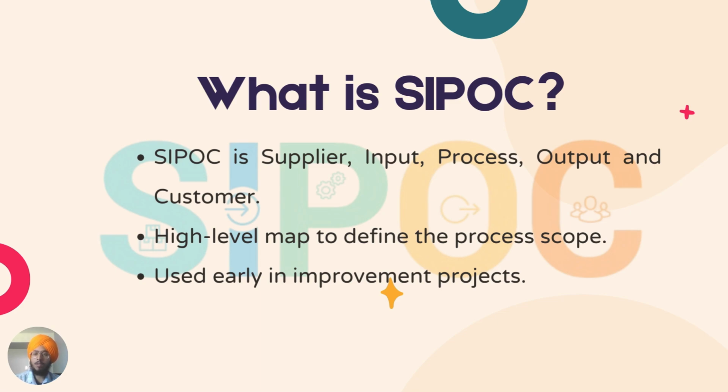So it helps teams quickly visualize who is involved, what goes into the process, what steps are followed, what comes out, and who receives the results. This clarity is key in identifying improvement opportunities and avoiding confusion later on in the process.